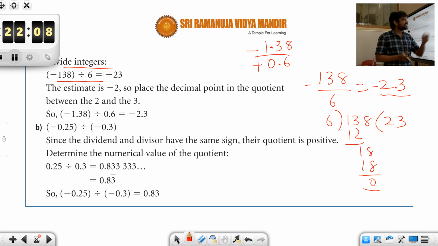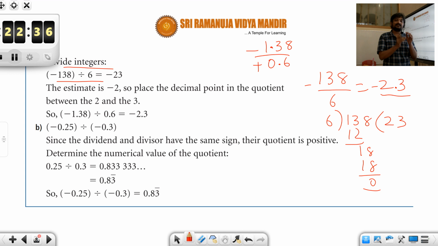When it comes to dividing two decimal numbers, there are two important things. One is determine the sign, and the second thing is use the compatible numbers, the nearest integers, whatever you know, and find the approximate value.